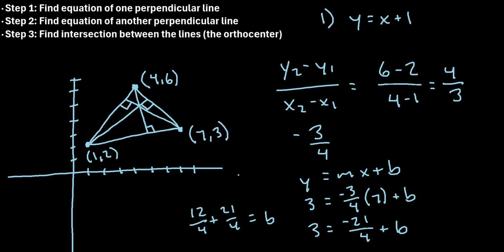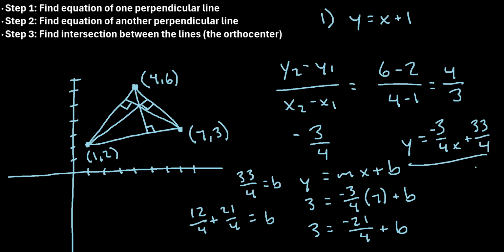So we get 33 over 4 is equal to b. So kind of ugly, but that's okay. So our final perpendicular equation is going to be y equals, we said the slope is negative 3/4, x plus 33 over 4. So this is our second perpendicular equation.